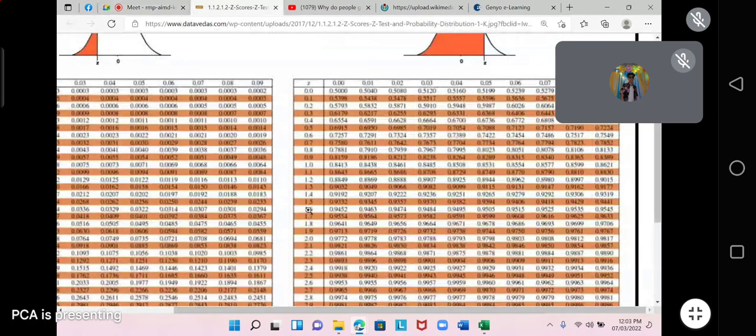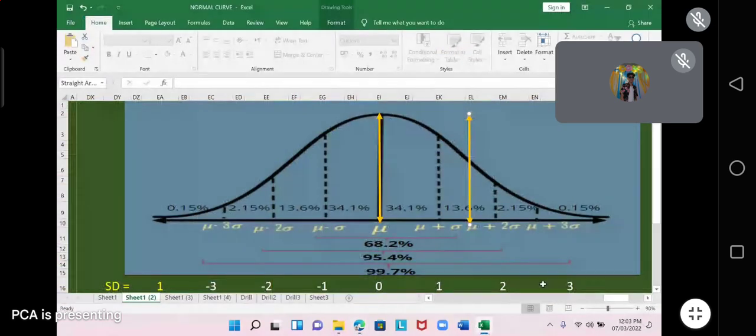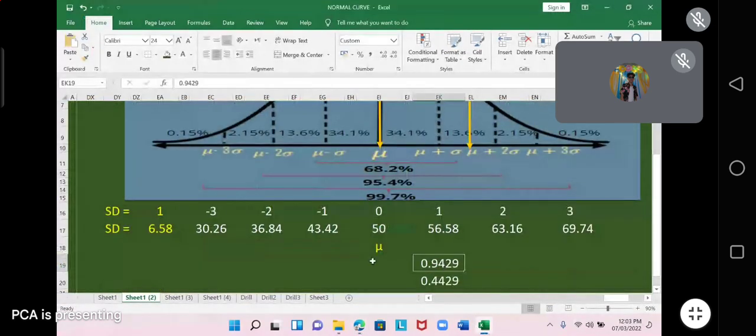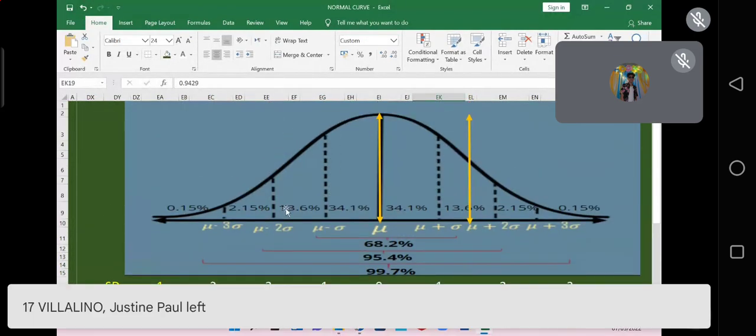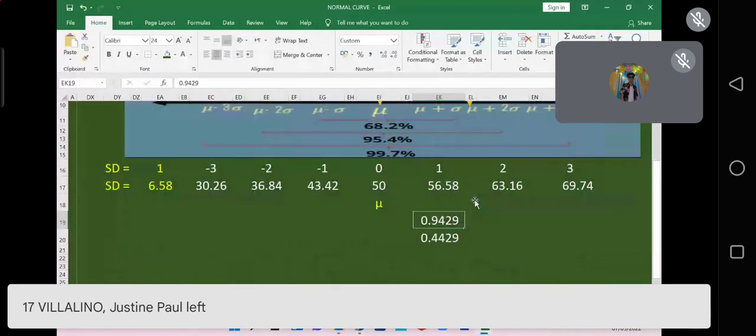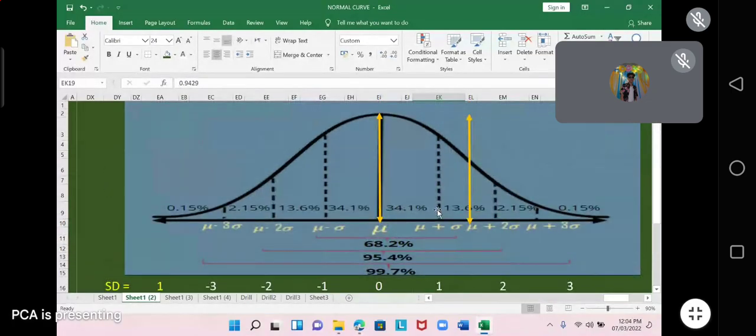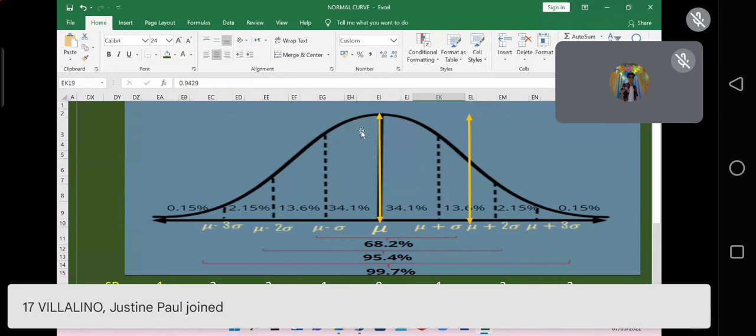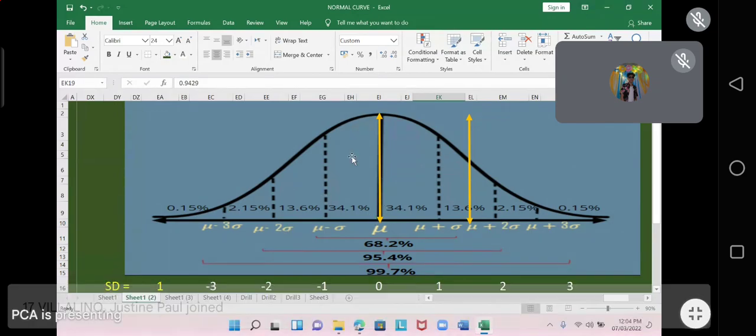So again, that's 1.58. It's 0.9429, no? So it's 0.9429. It's here, no? So we're having the area from there to there. Okay? So you see this one. Notice that the area is covering this one. In having this area from 0 to 1.58, we do not need this, no? So this helps, this area there. But what is that area?